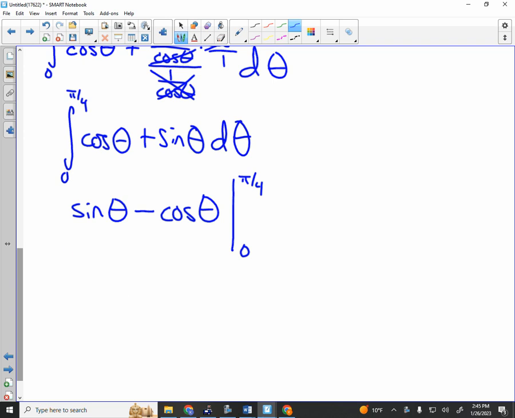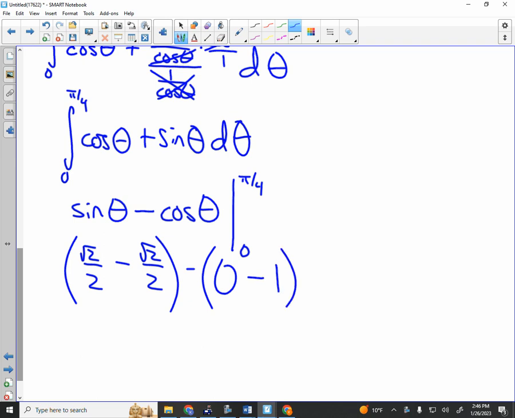The sine of 45 degrees is the root of 2 over 2. Cosine of 45 is the root of 2 over 2. Plug in 0 and I get 0. And plug in 0 and I get negative 1. This is 0, I get positive 1 in the end.